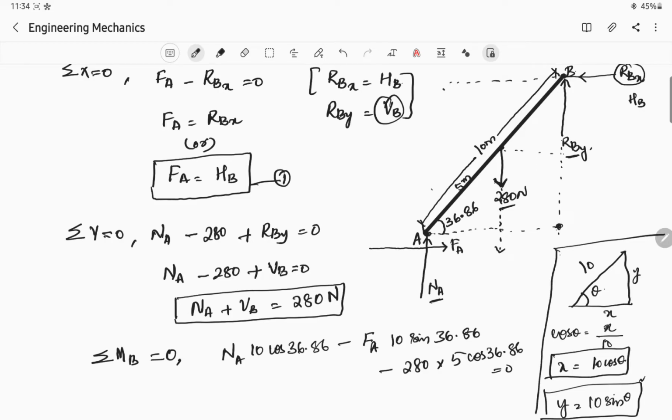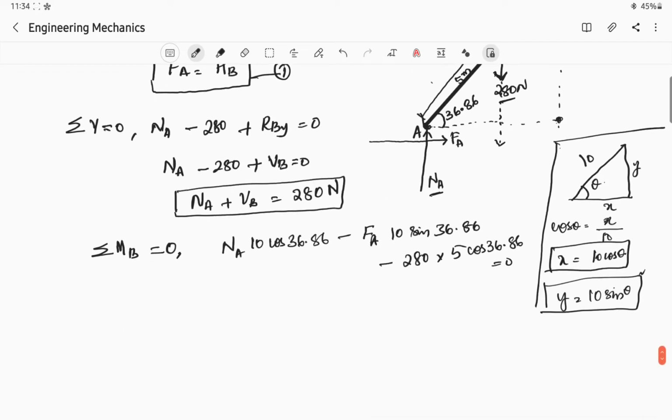Do one thing, this one. If you simplify this one, you will get NA. Otherwise we'll write one step here, you will get 8NA minus NA into 0.4 into 6 is equal to 1120.4.